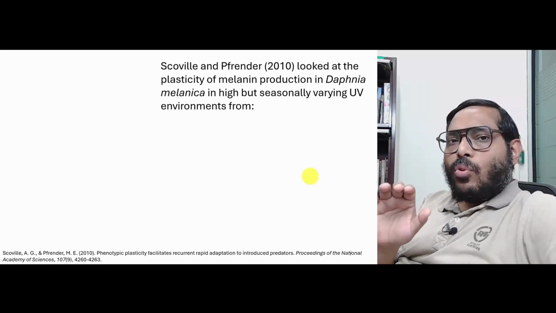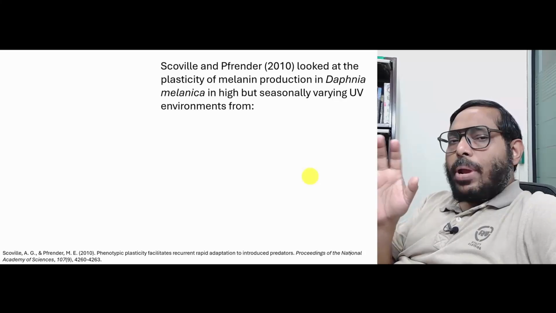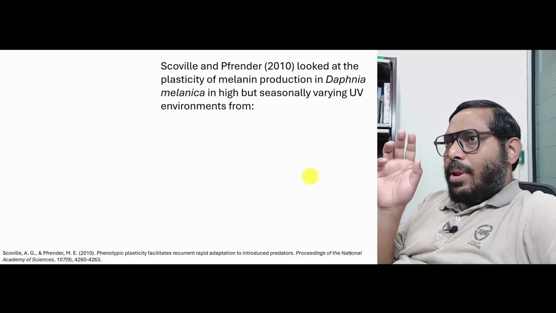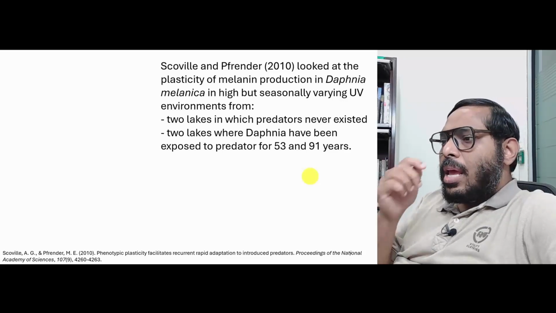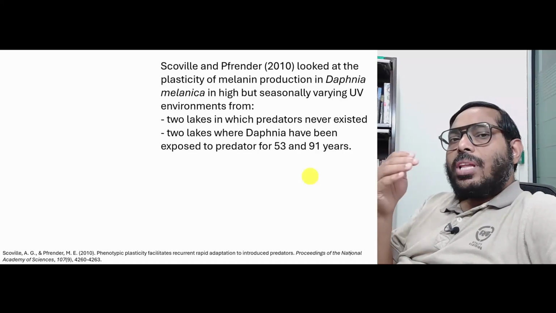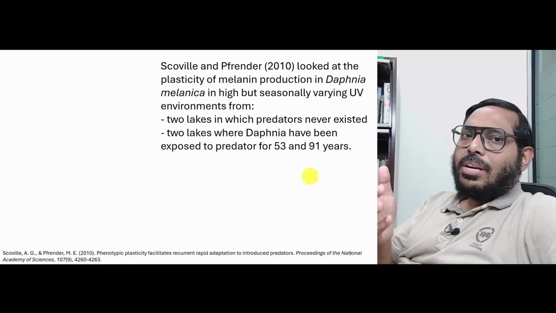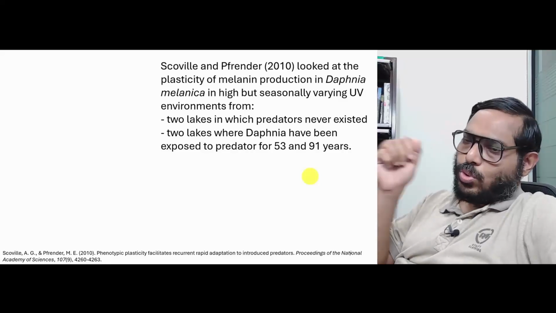From these 4 lakes they picked up populations of Daphnia melanica, and 2 of these lakes were such that the Daphnia over there had never been exposed to any predators. There were no fishes ever introduced over there.